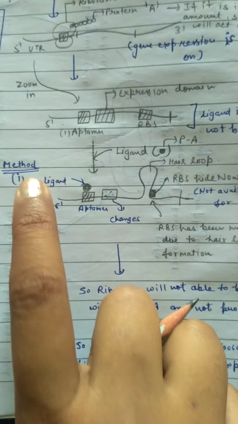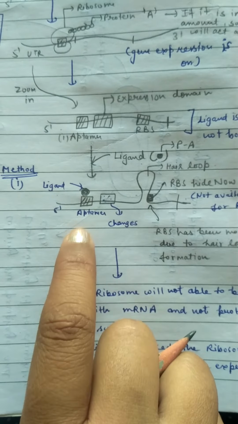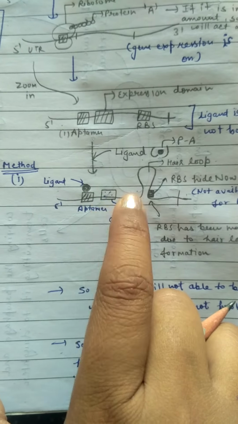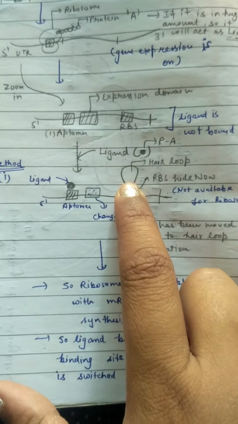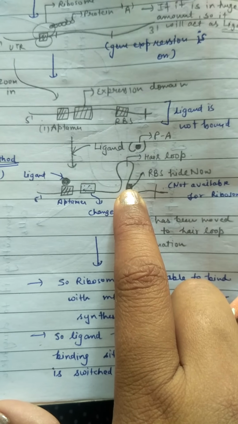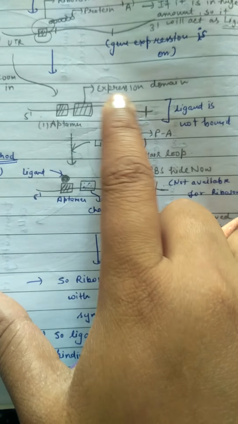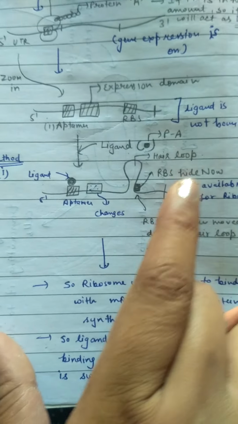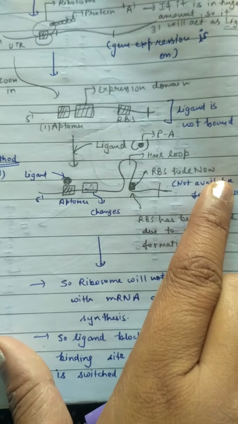At the aptamer domain, when the ligand or protein A binds, it leads to changes in the structure of the RNA. Here it leads to the formation of a hairpin loop, and due to the formation of the hairpin loop, the ribosome binding site which was open is now hidden.